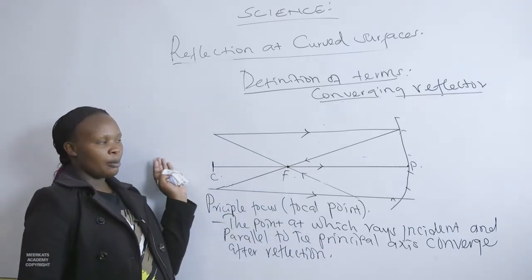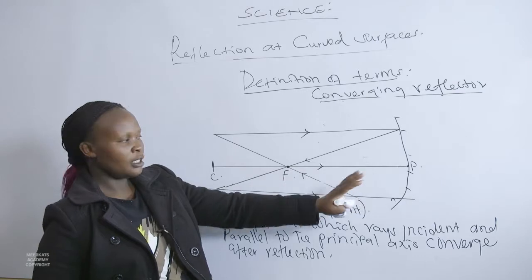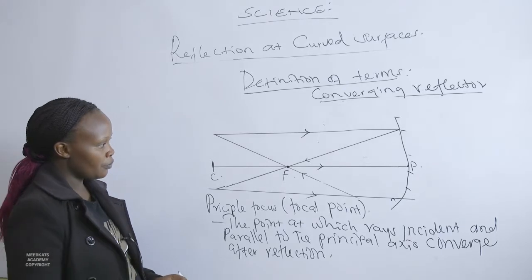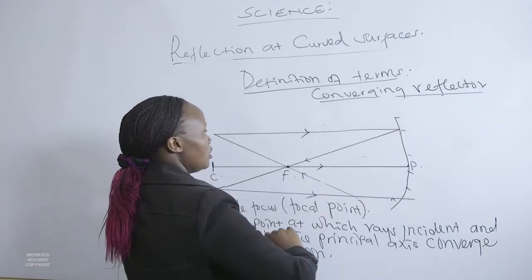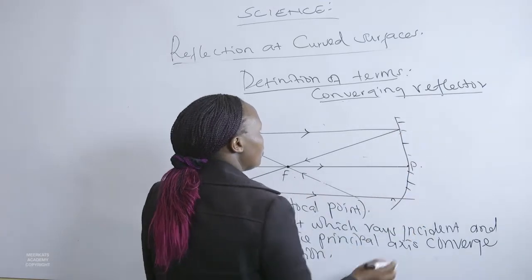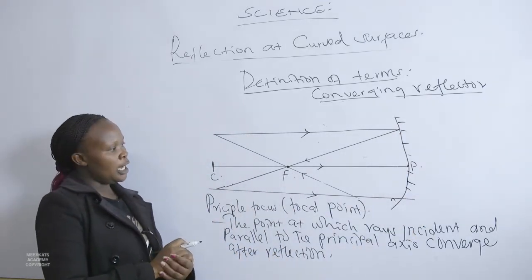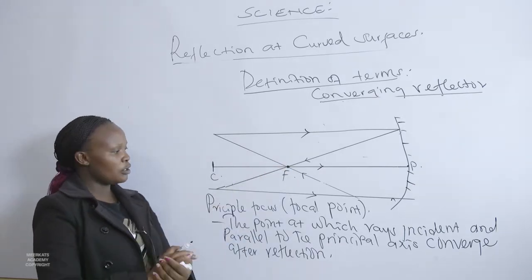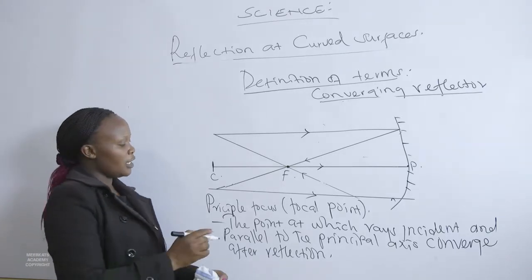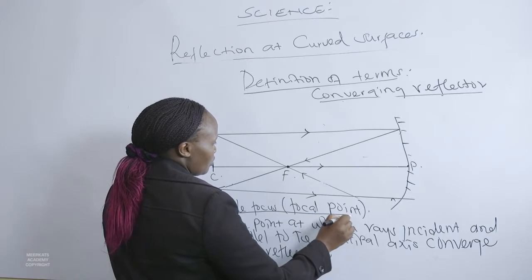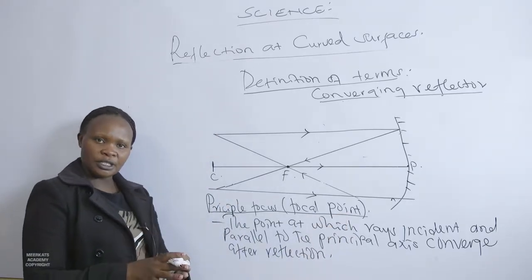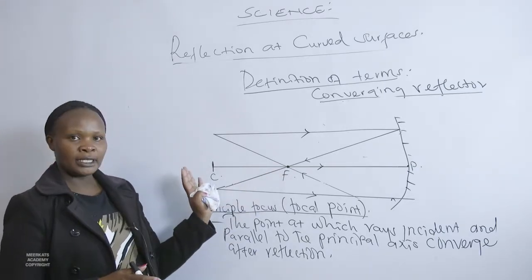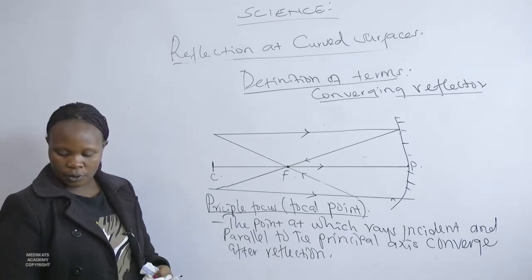That is, we have a parallel beam of light that is incident on our reflecting surface, which is concave, and when they are reflected, they meet at some point we are calling F, and we gave it a name, principal focus, or the focal point. Now, that point where the rays will meet before they can spread again is what we call the focal point.